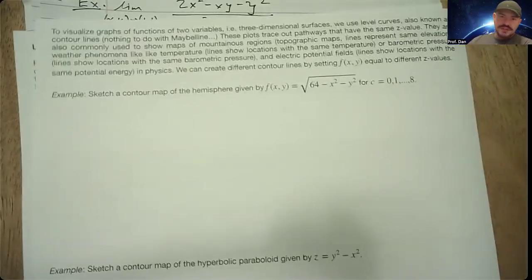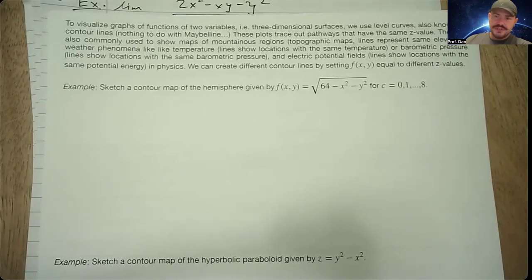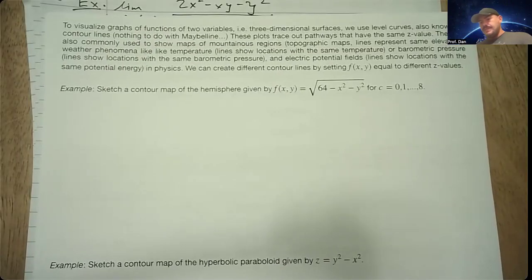So another thing to note about functions of several variables. We've learned how to draw some of the three-dimensional shapes, and it's not even something I'm testing y'all over. Just being able to recognize and say, oh, this function makes this shape.